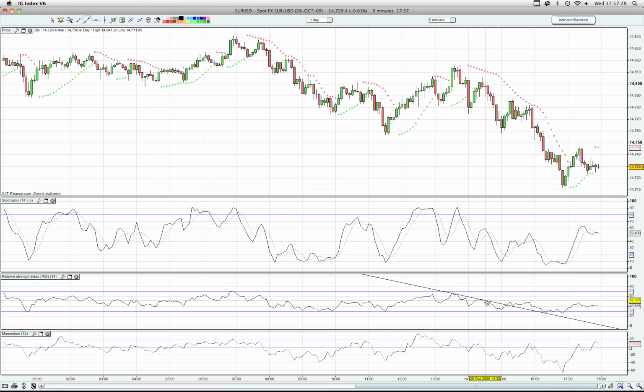That's where it touches. In fact, it first touches there. So we would enter the market at that second touch, which brings us into the market here.